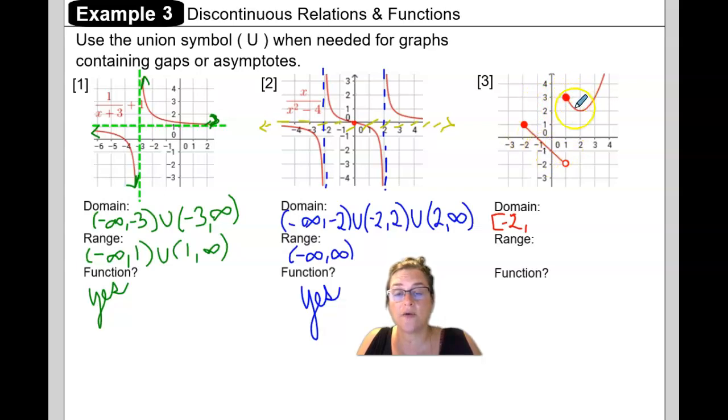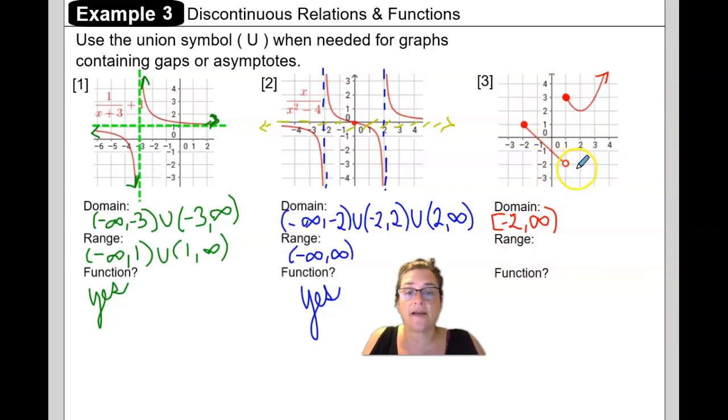So 1 is okay for x. And then I go on, and this touches the edge of the graph, so I know that that's continuing on forever up and to the right. And so that means that my domain starts with a lower bound at negative 2 and then heads to positive infinity.